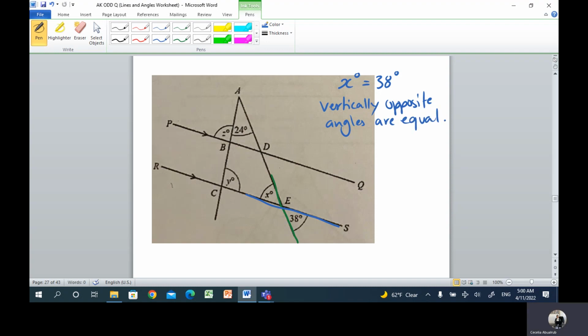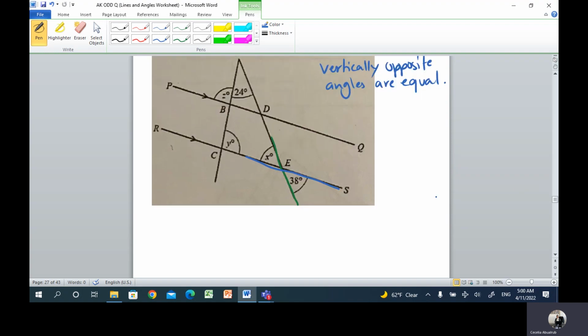Okay, now if we found x, and if you look here, 24, x and y are angles in a triangle.